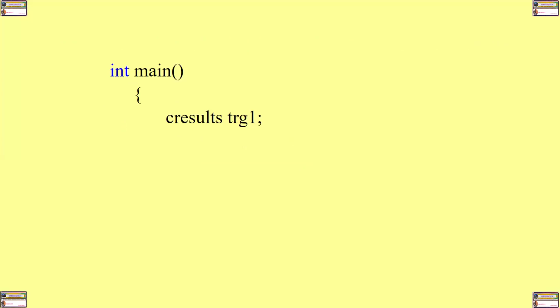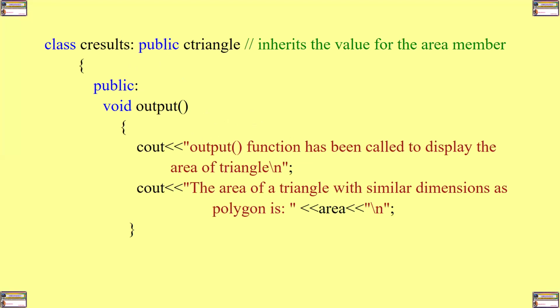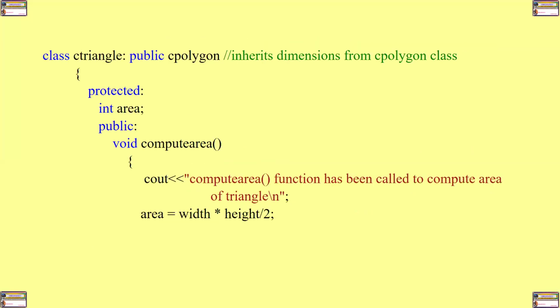Now, because the second derived class is derived from the first derived class and the first derived class is derived from the base class, we are able to access the members of the other two classes. C results is the class whose content is being manipulated using the instance TRG1. Because TRG1 is for C results, and C results is derived from C triangle, we are able to manipulate the members of C triangle.